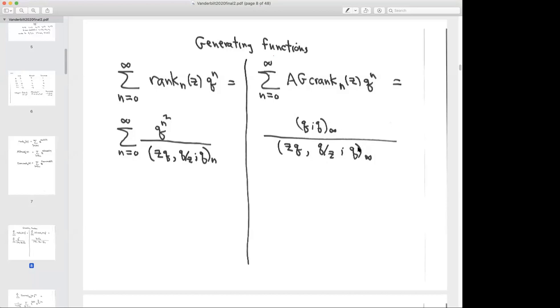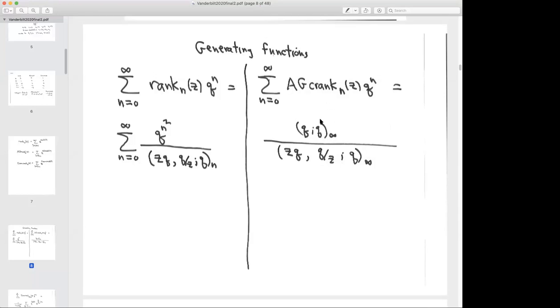So basically what they were able to do was do some manipulations on this infinite product and interpret it all positively. It's not at all clear that all the coefficients are positive here, but that's what they did. And so they got this interpretation for this crank, and that's where their statistic came from.